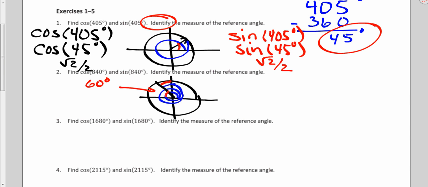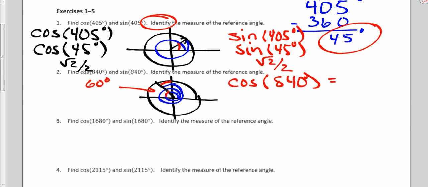But what is the cosine of 840? We look at 60. What's the cosine of 60? The cosine of 840 is going to be 1/2.